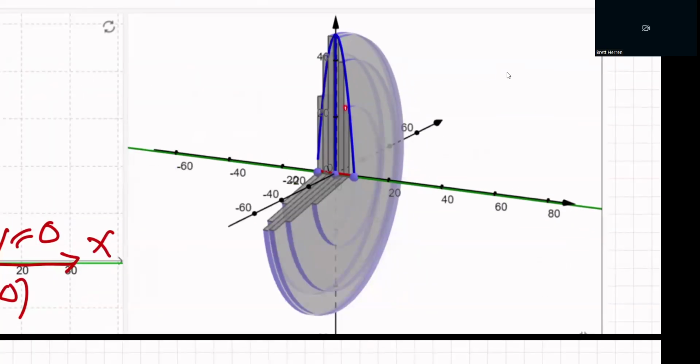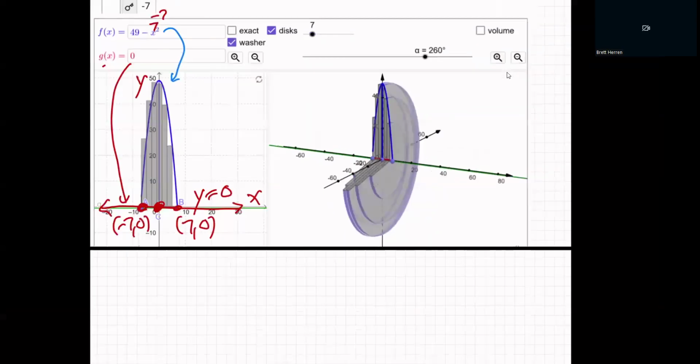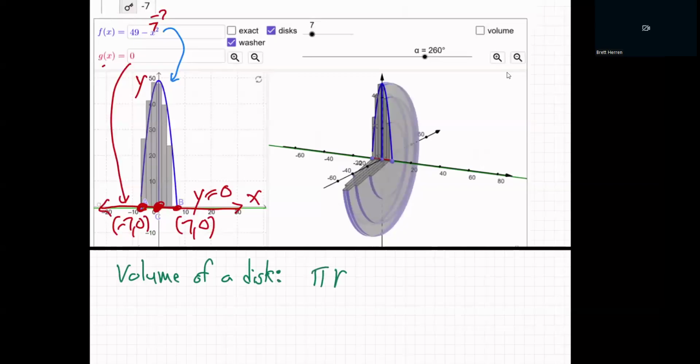So then the question is, how do we figure out the volume that these disks take up? Well, what's the volume of a disk? That should be a first and important question. Volume of a disk. Well, it's pi r squared. Well, let me do it this way.